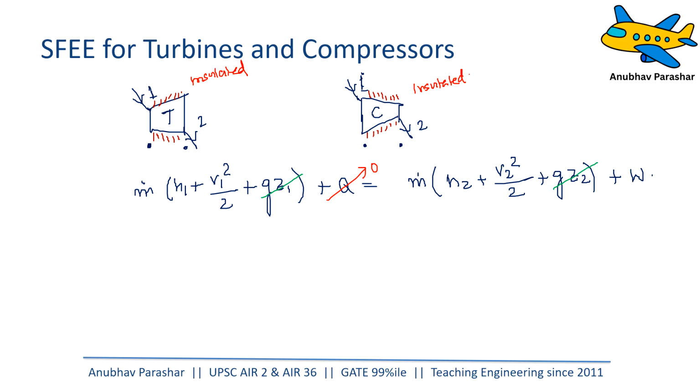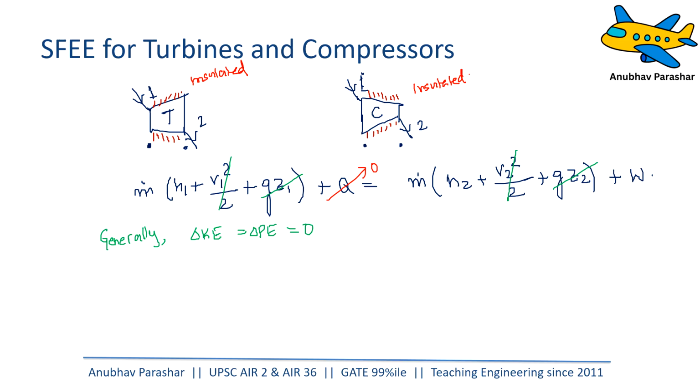And let me write down the assumption for you if you want. So generally, or normally, change in kinetic energy is equal to change in potential energy is equal to zero. If that is the case, we can actually cancel these two also, right? And because it is adiabatic, insulated, definitely Q is equal to zero.